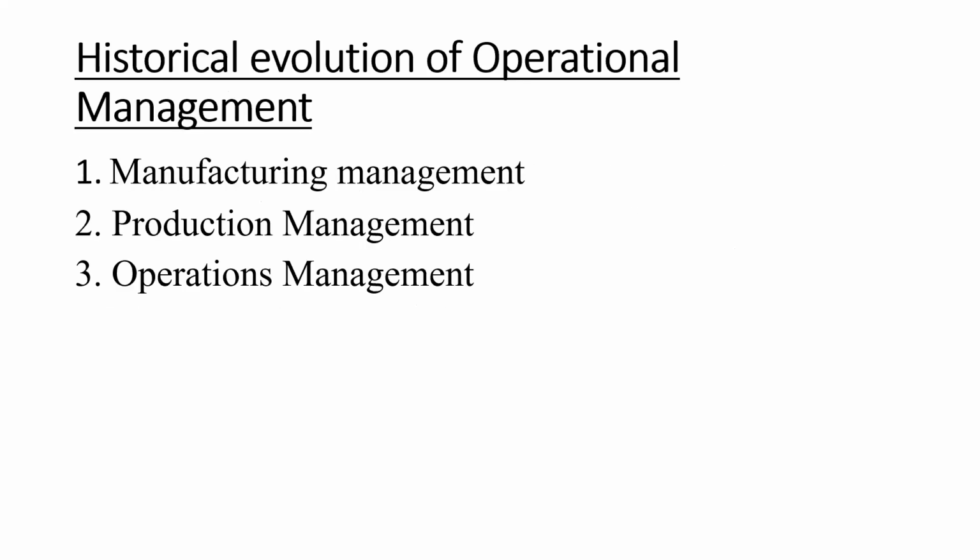Then next we move to the next subtopic, that is historical evolution of operational management. For over 2 centuries, operations and production management has been recognized as an important factor in a country's economic growth.